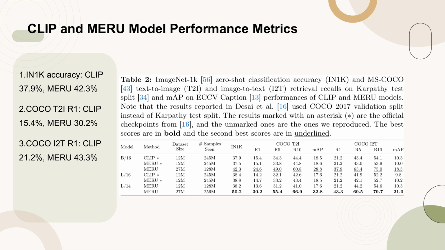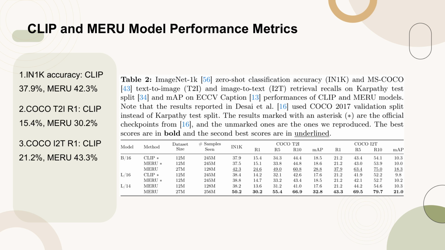Table 2 presents the zero-shot classification accuracy on ImageNet 1K and the text-to-image and image-to-text retrieval recalls on MS COCO for CLIP and MERU models. The results indicate that MERU outperforms CLIP in several key metrics, such as IN 1K accuracy with 42.3% compared to CLIP's 37.9%.